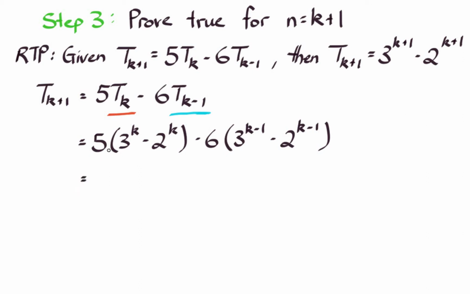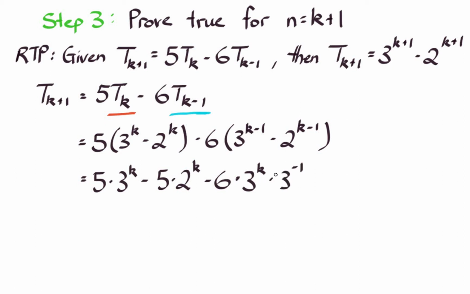There's not too much we can do with this first expansion. It's 5 lots of 3 to the k minus 5 lots of 2 to the k. But then what could we do with the second expansion? Well, we've got the minus 6, and let's split this into 3 to the k multiplied by 3 to the power of minus 1.